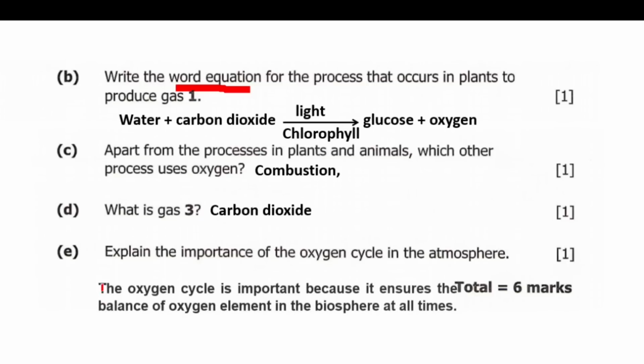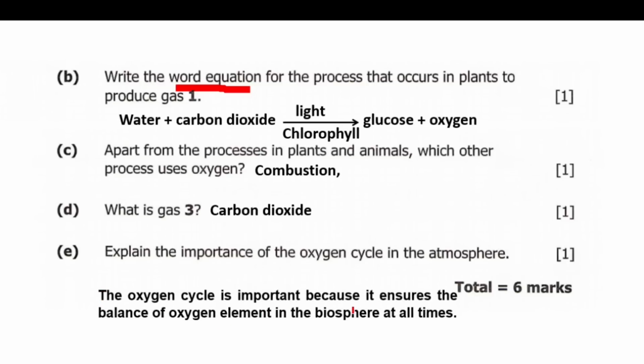The oxygen cycle ensures the balance of oxygen in the atmosphere at all times. Animals use the oxygen, plants produce the oxygen. That is what the oxygen cycle is, making sure that oxygen is always available at almost the same level.